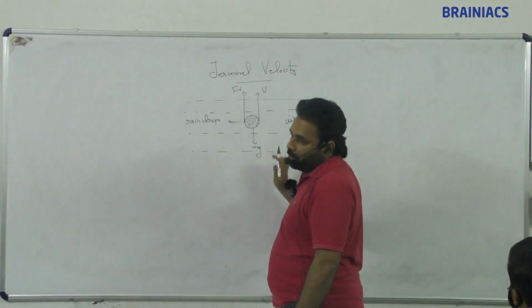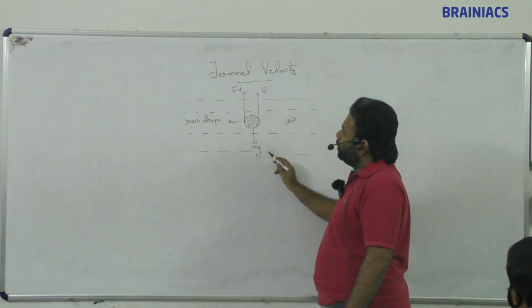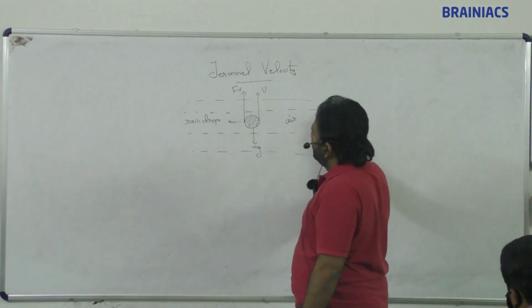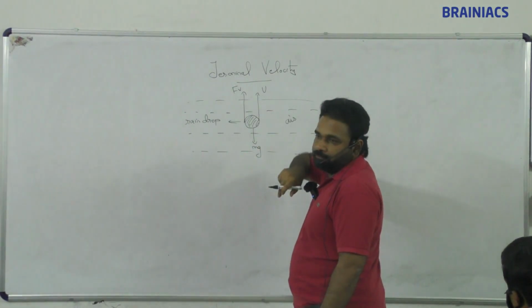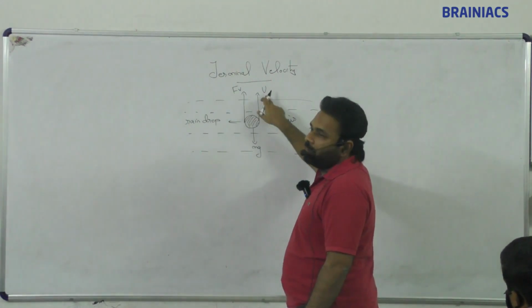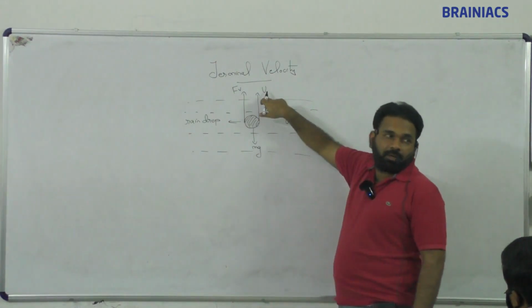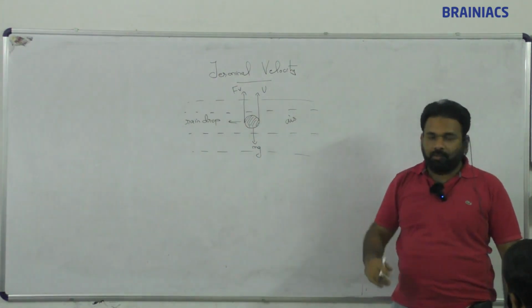So when it comes down, mg is more compared to Fv and U put together. Correct or what? This is coming down with acceleration.